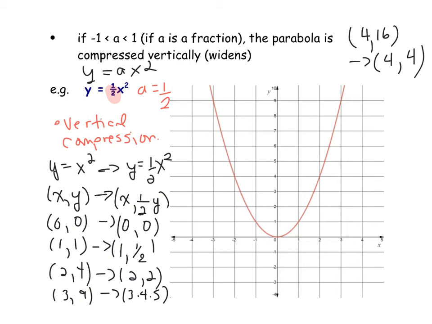So a couple of things here. Half isn't so bad as a fraction, but sometimes you end up with values for your compression that are not such nice fractions, or they may even be decimals, in which case it may be easier to not plot the challenging points, but focus on plotting the points that are nice and easy to find on your grid.